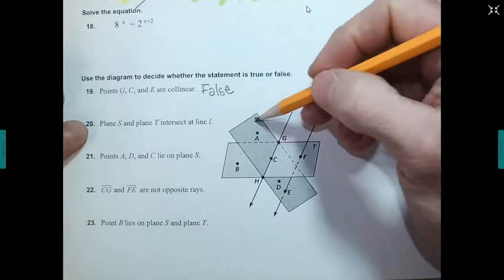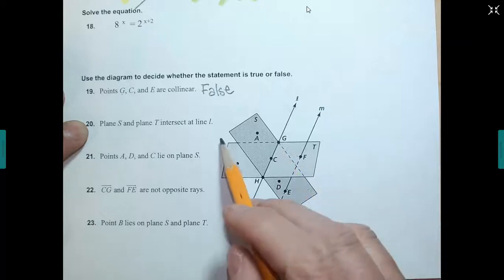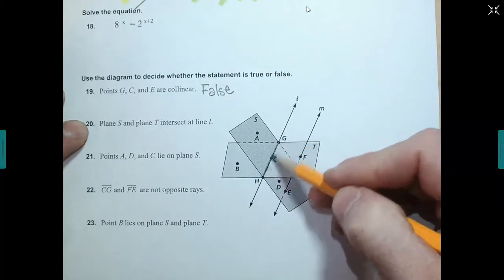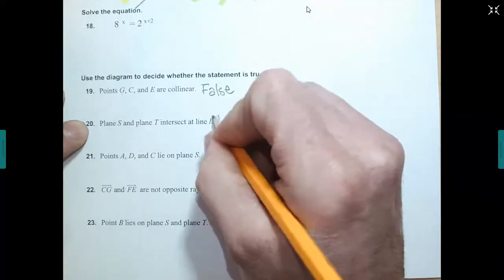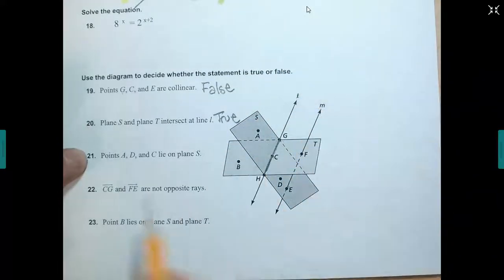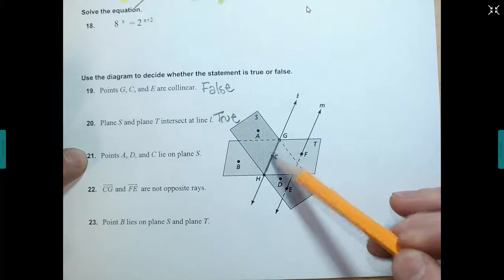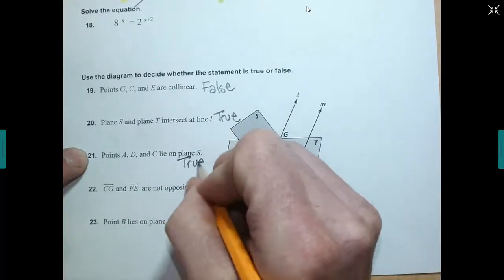Plane S, this plane, and plane T, this plane, intersect at line L. Well, that's where this plane and this plane meet, that is true. Points A, D, and C lie in plane S. So A, D, C, are they in this plane? They are, in fact, in that plane.